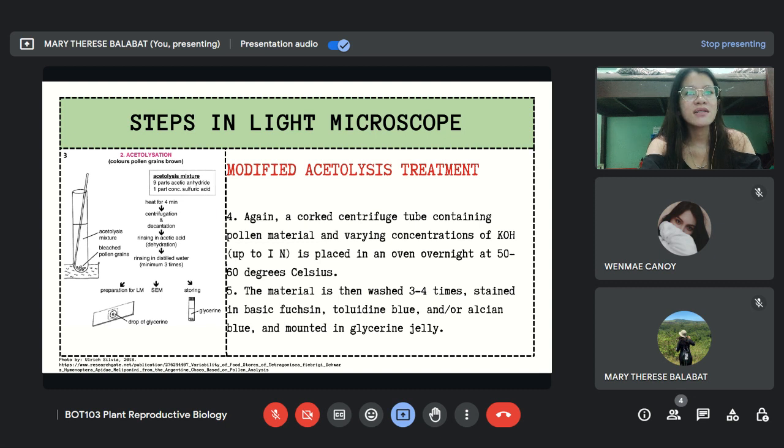And step 5 is the material is then washed 3 to 4 times, stained in basic fuchsin, toluidine blue and or Alcian blue and mounted in glycerin jelly.